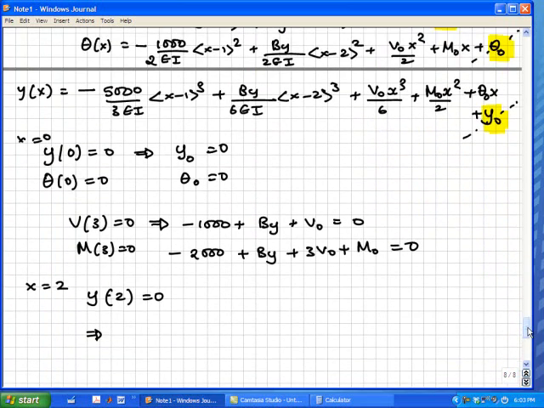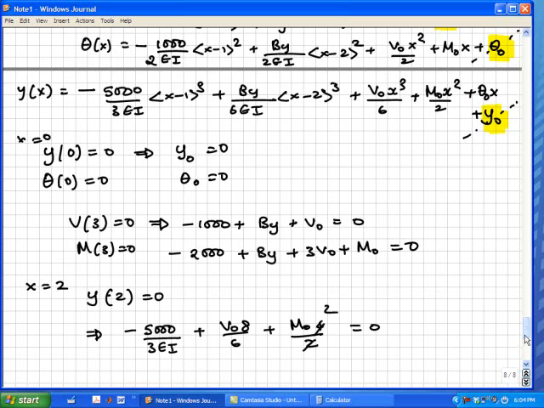X minus 1 cubed is minus 1000 over 2 EI. Sorry, minus 5000 over 3 EI. And at x equal to 2, Vy, that term is gone, plus V0 times 8 over 6 plus M0 times 4 over 2 equal to 0.